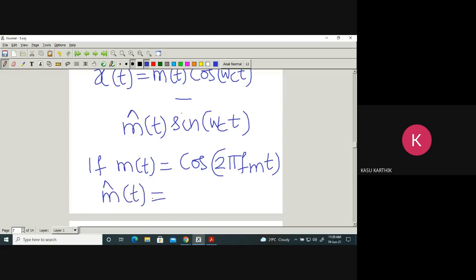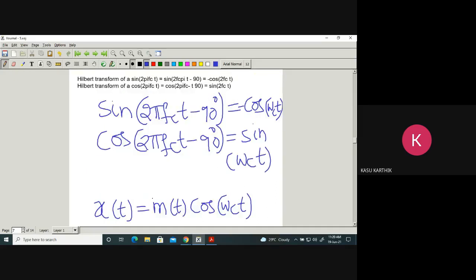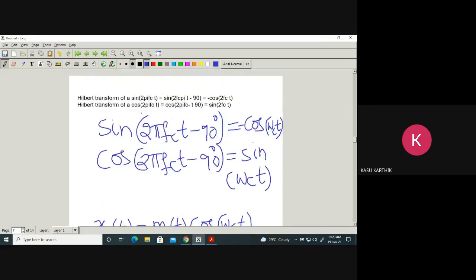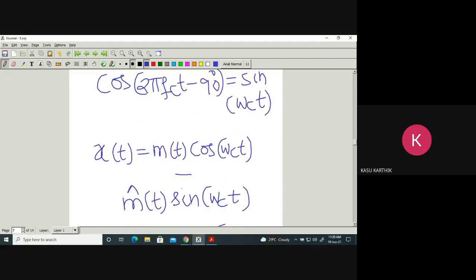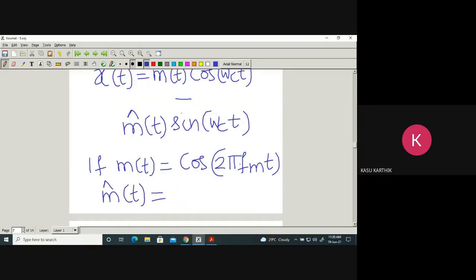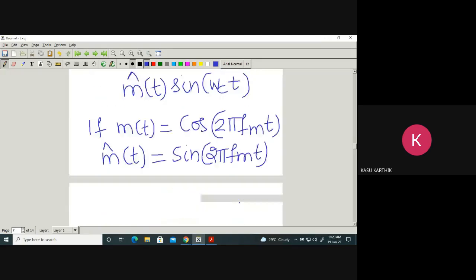That means the Hilbert transform of m of t. What is the Hilbert transform of cos 2 pi fct? Sin 2 pi fct. In the same way, the Hilbert transform of cos 2 pi fmt is sin 2 pi fmt.